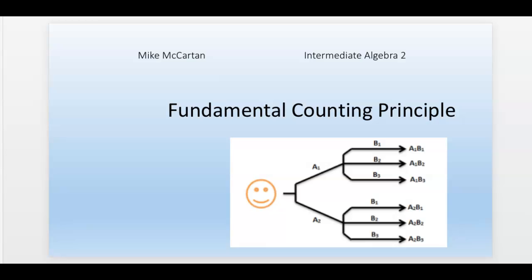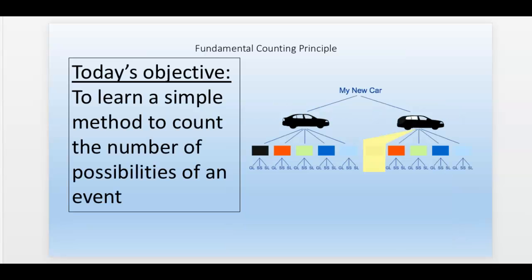Today we're going to look at the fundamental counting principle. We've been looking at probabilities, and now we're going to look at different ways to count the number of events and the number of outcomes. The objective for today is to learn a simple method to count the number of possibilities for an event happening.